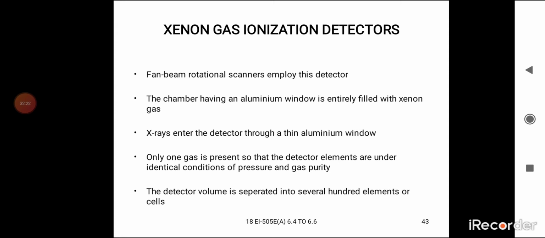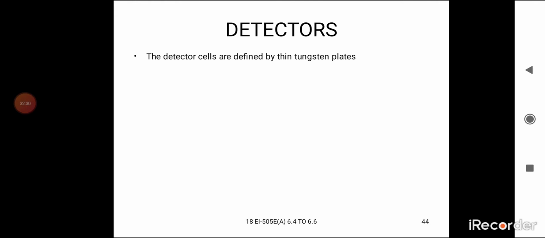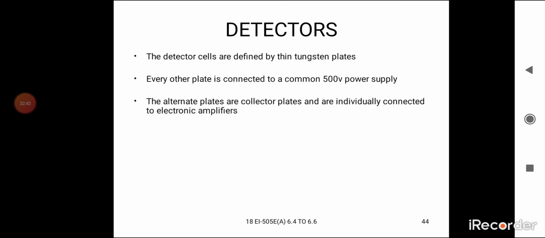The detector volume is separated into several hundred elements or cells. The detector cells are defined by thin tungsten plates. Every other plate is connected to a common 500 volt power supply. The alternate plates are collector plates and are individually connected to electronic amplifiers.